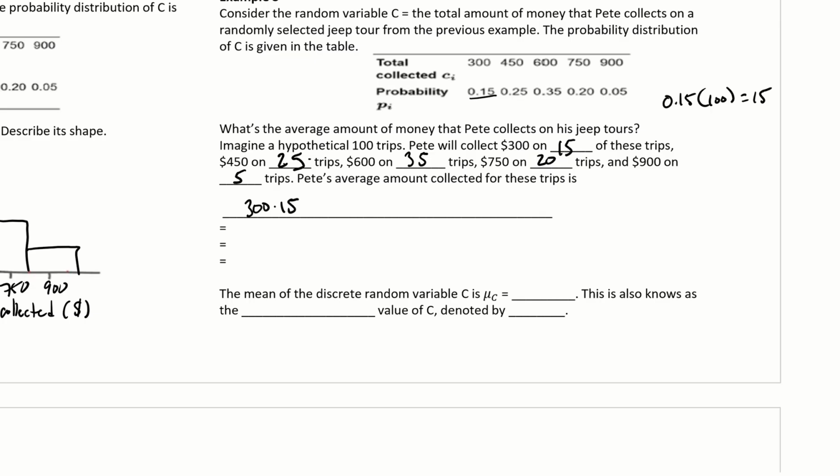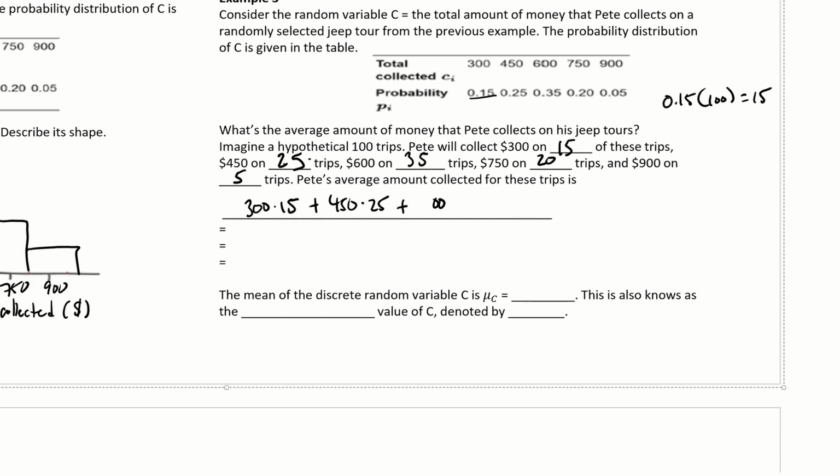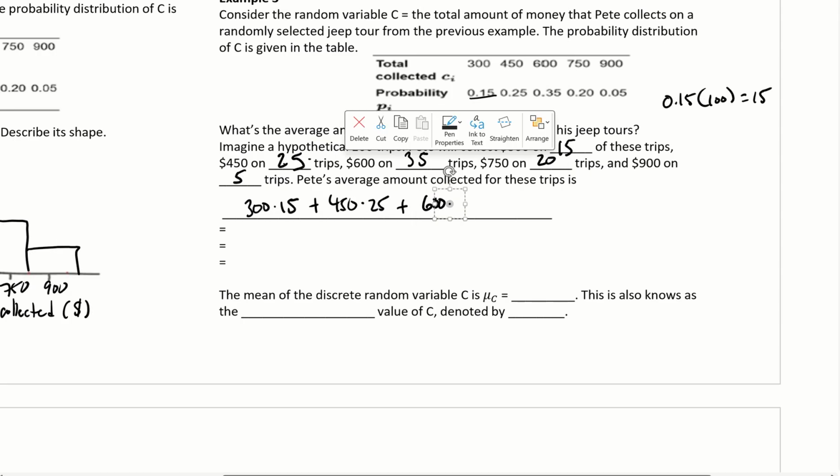So we got 300 times 15 plus 450 times 25, because he did it on 25 trips. So on 25 trips, he's got $450. So that means you have to multiply by 25. Otherwise, you'd be adding 450 25 times, and we don't want to do that. And on 35 trips, you have 35 600s, right?